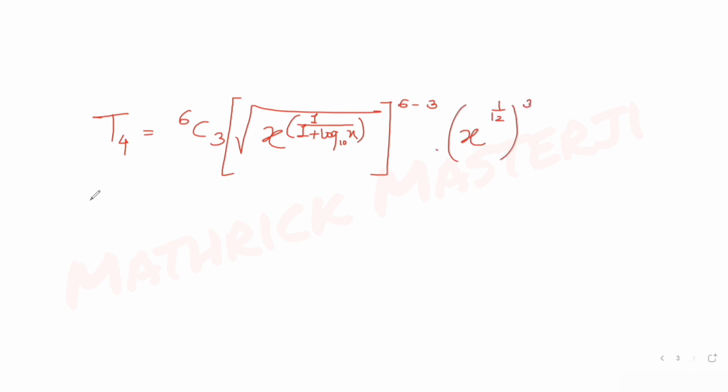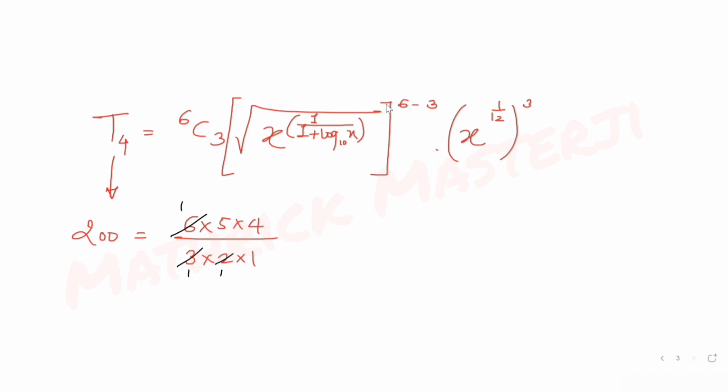I get this expansion. I already know that the fourth term's value is 200, so I equate 200 with this. 6C3 is 6 factorial upon 3 factorial into 3 factorial. So it becomes 6, 5, 4 upon 3, 2, and you can cancel 3 and 2 with the 6. You are left with 20 for the first part.